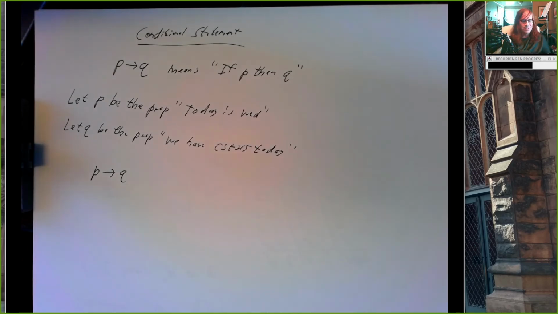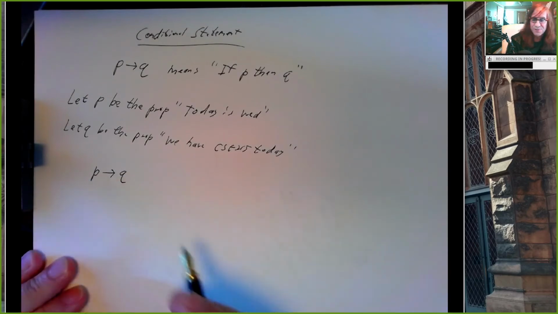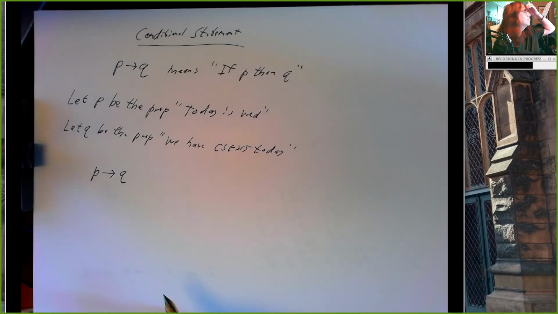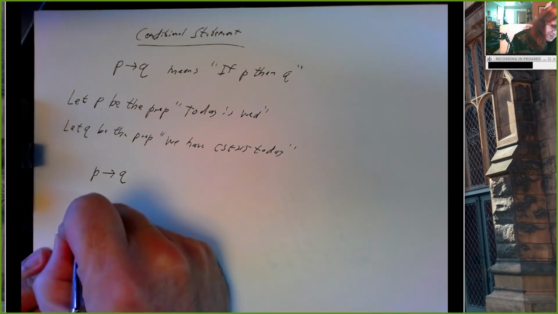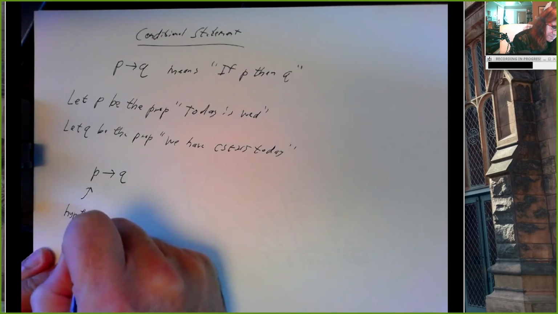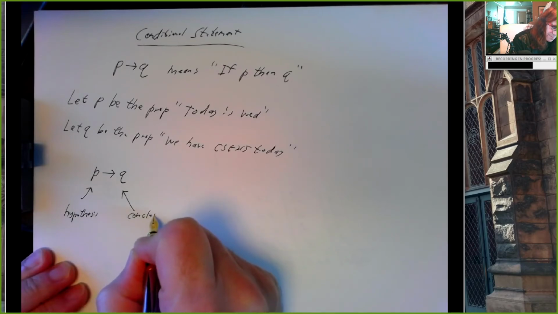If P, then Q. If today is Wednesday, then we have CSE 215 today. So for example, let me come to it in a few minutes. Let me do some other setup first, and then we'll dig into when this is true or false based on P and Q. So this is called the hypothesis, and this is called the conclusion.